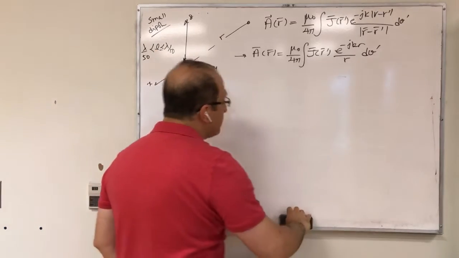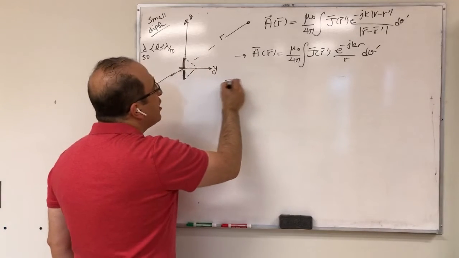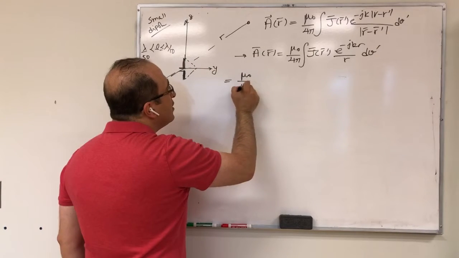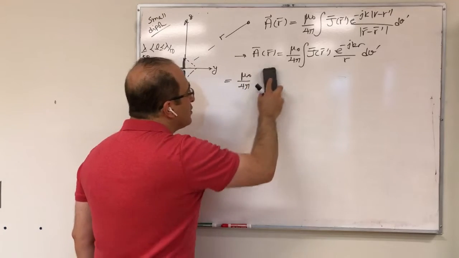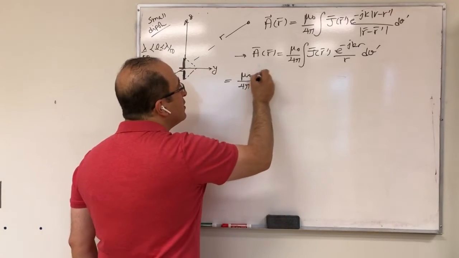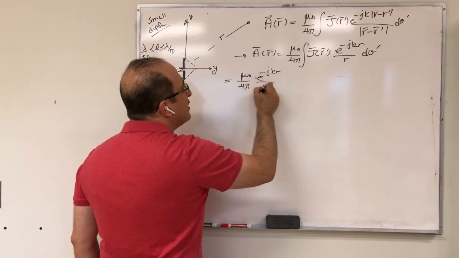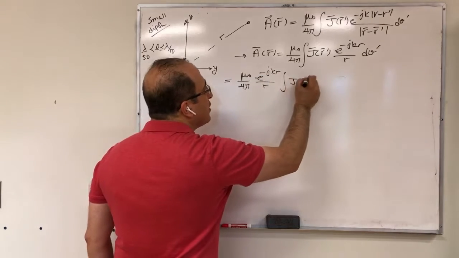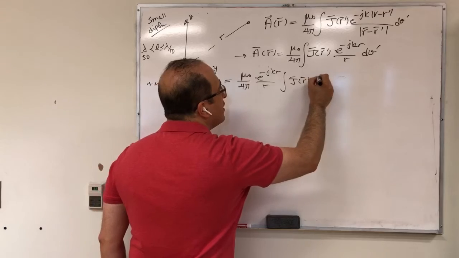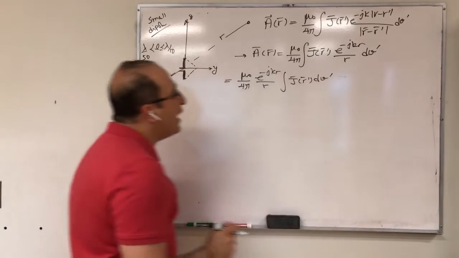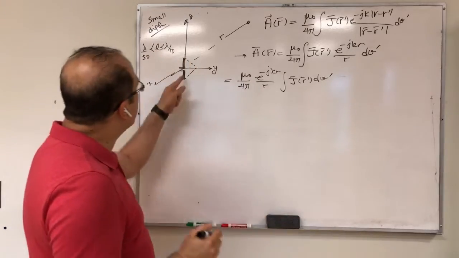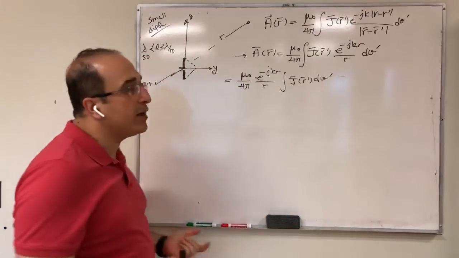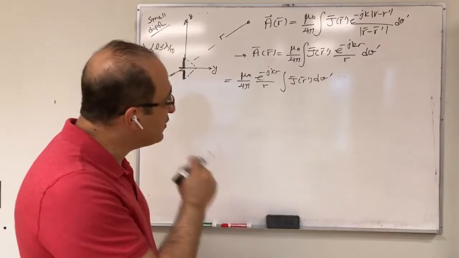This can come out of the integration, and that becomes mu naught over 4 pi. So I take this out like this, and then I'm going to have this. Now, remember, this is the current in general, but the current that I have is essentially current on a line, so I can write it specifically for my case.